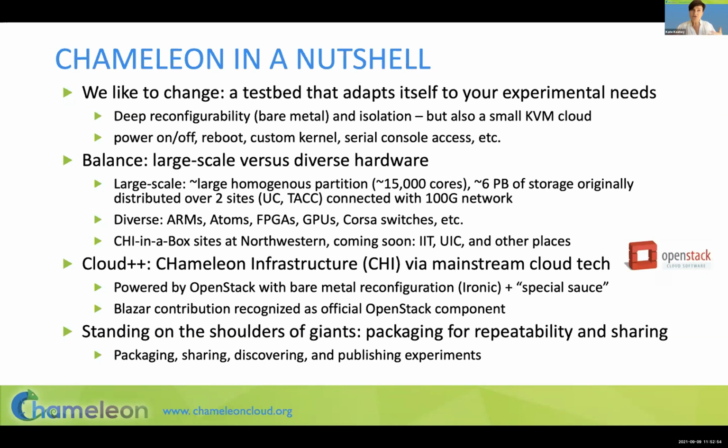Like I said, we increase our impact by contributing to mainstream open source infrastructure, but we also leverage the various innovations that the community develops. It also is a very familiar infrastructure, so it has the advantage of familiarity for users and operators.